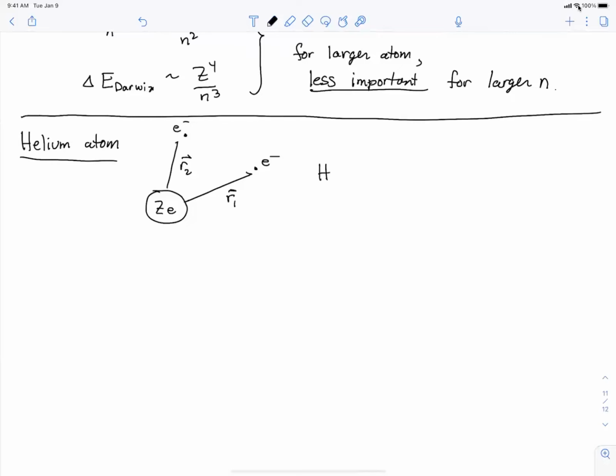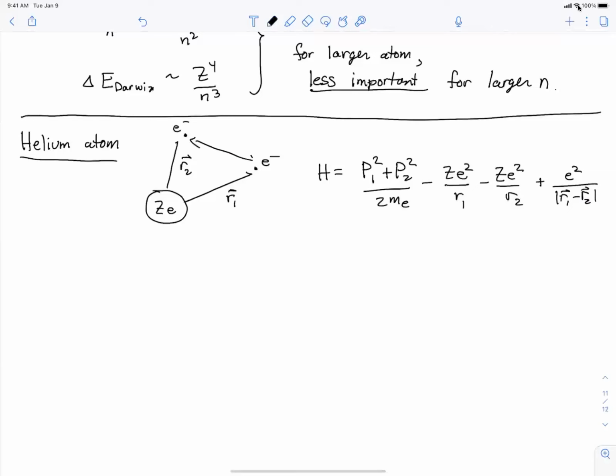And then our Hamiltonian is a kinetic term for each one of them. And then there's an attraction of the electron that we've decided to label r1 to the nucleus, and the same thing for r2. And then there's e squared over the difference between them, because they're going to repel with 1 over that distance.